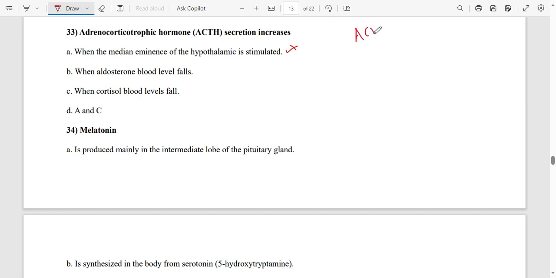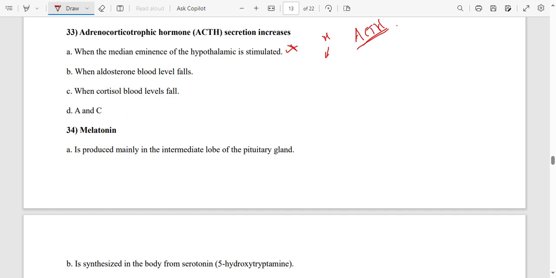ACTH, I had mentioned earlier, is going to be released into blood circulation. What is related to blood circulation is not the posterior pituitary. Posterior pituitary things are produced from the hypothalamus and go directly into the posterior pituitary. But when things are produced in the anterior pituitary, they actually go into blood circulation. So this statement can't be true here about the median eminence of the hypothalamus. What is related to the hypothalamus is not related to blood circulation.